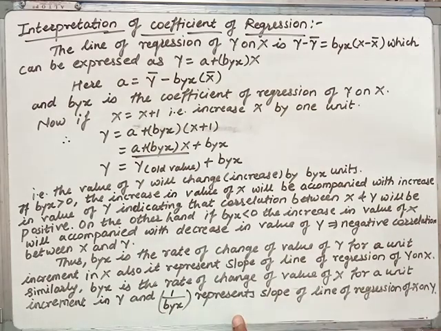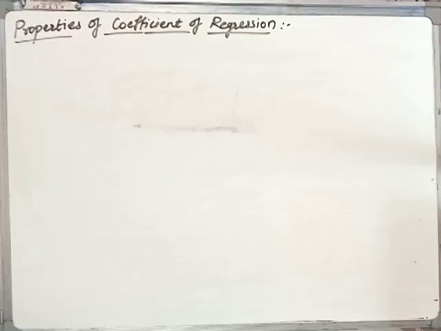Remember this is about the coefficient of regression. Byx is the rate of change of value of y for a unit increment in x, and it represents the slope of the line of regression of y on x, and 1 upon byx represents the slope of the line of regression of x on y. Okay, remember this part. Now let's see a few properties of coefficient of regression.